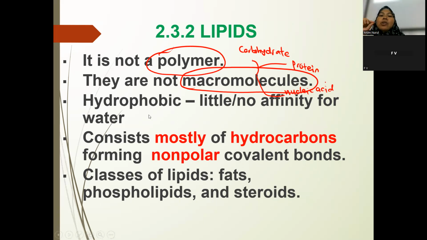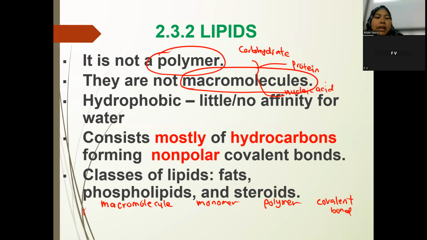As we have learned, do you remember madam asked you all to make a table? We have here macromolecule, the monomer, the polymer, and the covalent bond. Number 1, we have discussed carbohydrate.